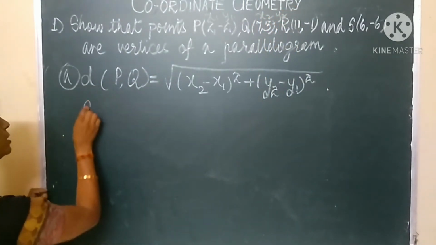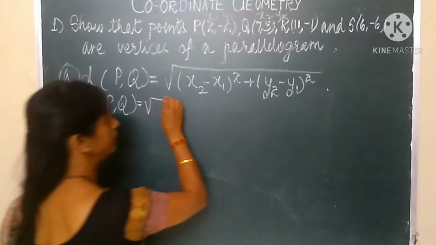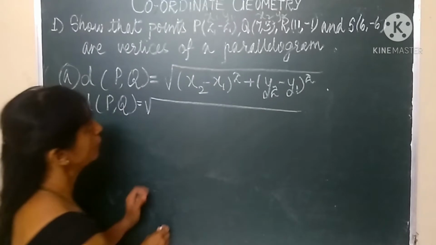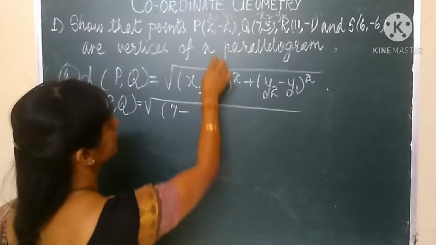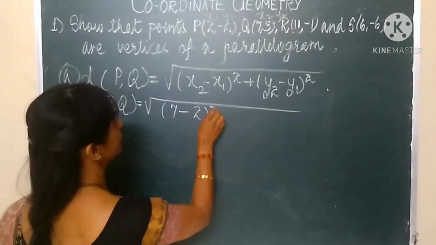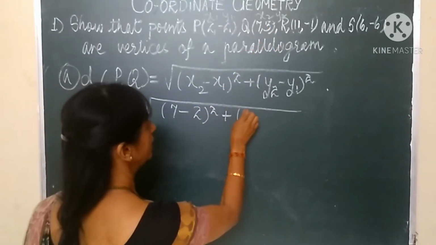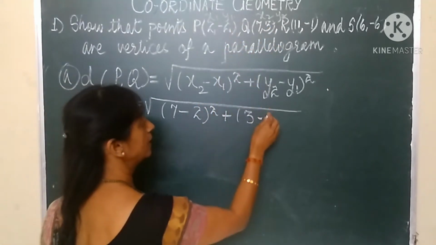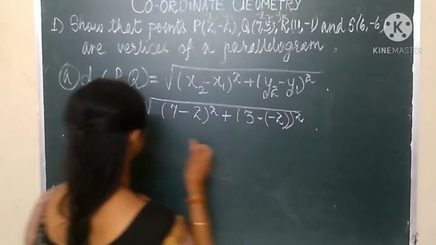So let's substitute. Distance PQ will be again equal to square root of x2 that is 7 minus x1 that is 2 the whole square plus y2 that is 3 minus y1 has got a negative sign minus 2 the whole square.